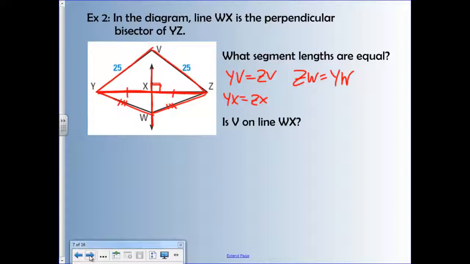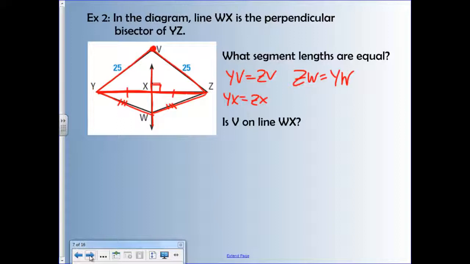Is V on line WX? Well, how do we know? How do we know V will be on that line? It might not always be true. How do we know it is this time? Because what? It has arrows. It's going to extend, but what if it's off by just a millimeter? What properties, what theorems prove to me that it must lie on that line?